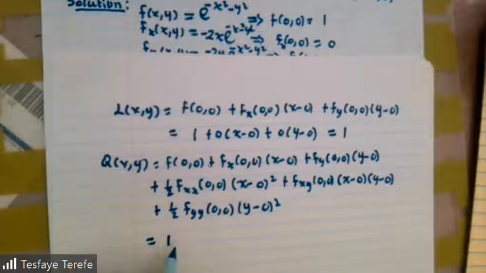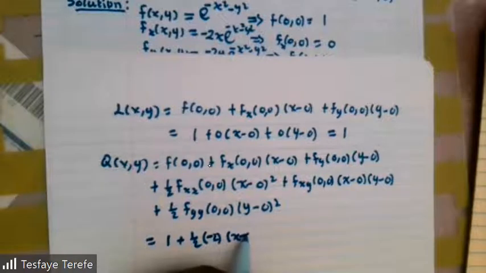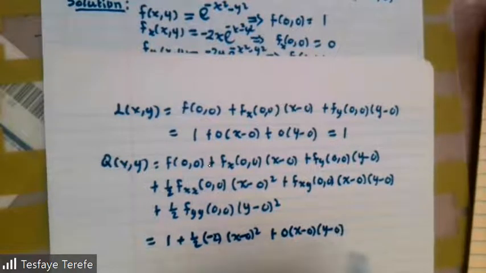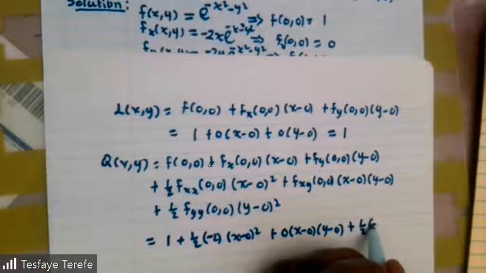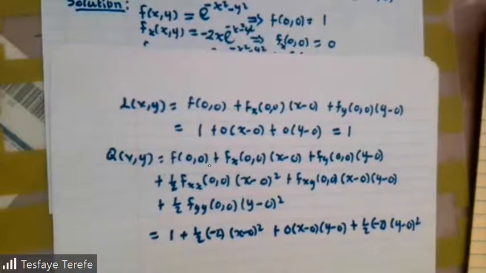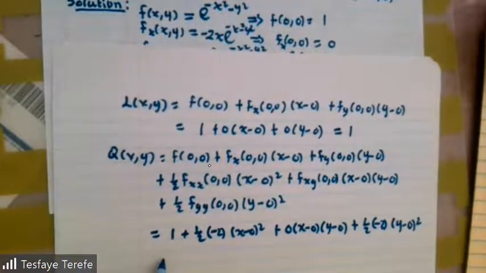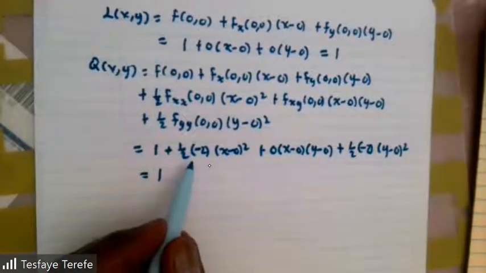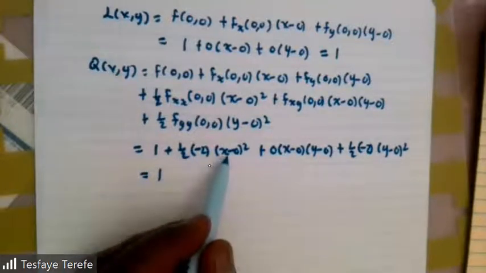And then now what I'm going to do is plus 1/2 of the partial derivative with respect to x, which is negative 2, and x minus 0 squared, plus the mixed partial derivative 0, x minus 0, y minus 0, plus 1/2 and the negative 2 is for that, and that is y minus 0 squared. So this will give me 1, and this is actually negative 1, and you have negative x squared.